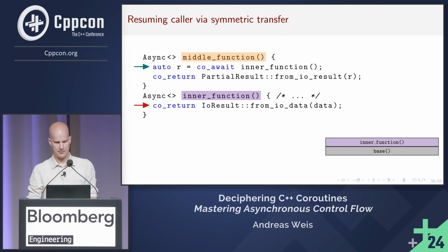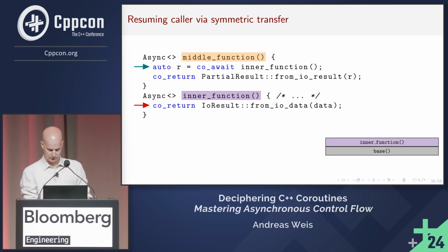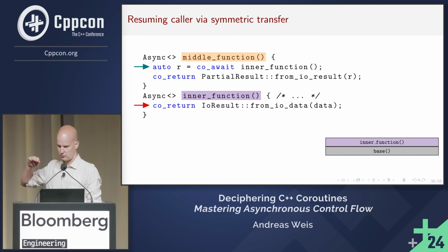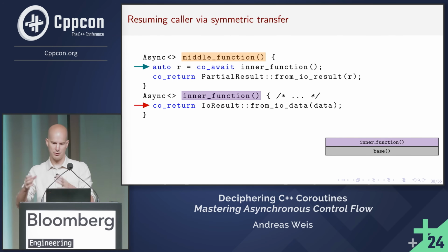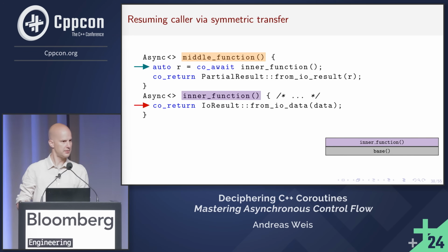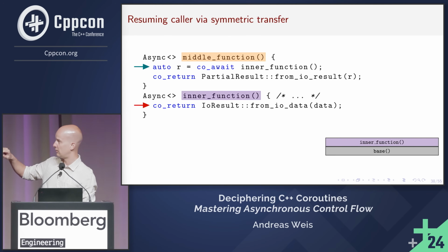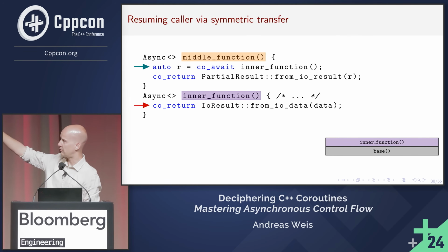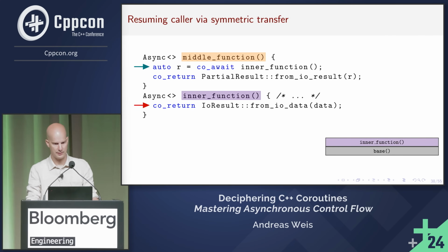So let's look at this in a little bit more detail. We're currently in the inner function. Somebody resumed the inner function. We don't really know what that is. I just called it base here. Doesn't matter. We will never get to that. Our goal is now to get from the inner function to that teal arrow up there in the middle, the function that called it.